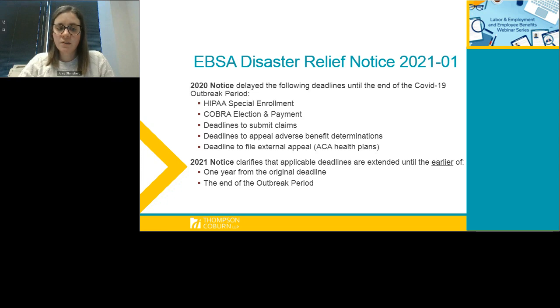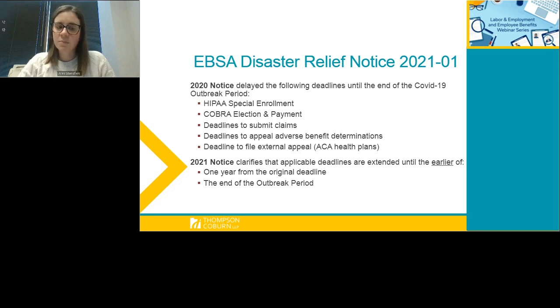The 2021 notice issued this year clarified that these deadlines are extended until the earlier of 1 year from the original deadline or the end of the outbreak period. So if we're looking at the 1 year from the original deadline for plans, it's really important to be monitoring when these deadlines are coming up for your participants, keeping in mind that whenever the deadline was applicable to that participant, the extended deadline is going to be different for each participant.